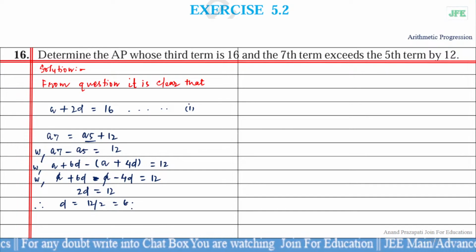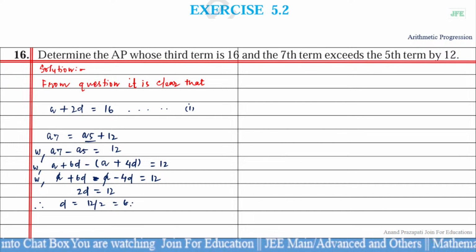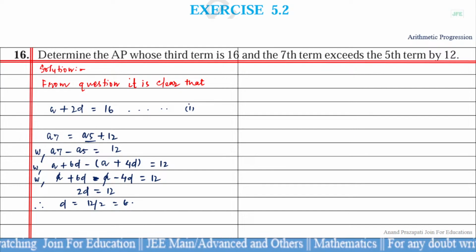If there is no problem understanding up to this step, we have succeeded in finding the value of d. So we put the value of d in equation number 1.